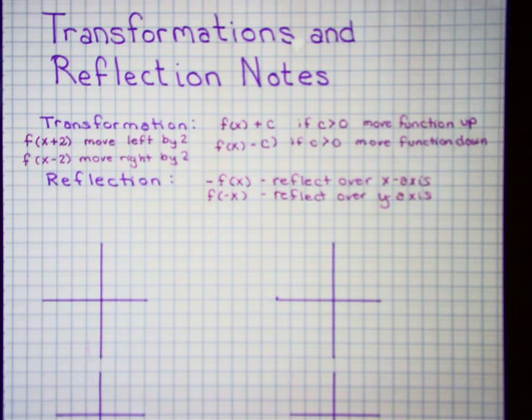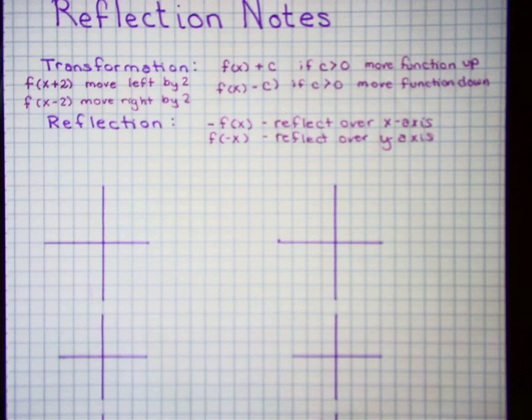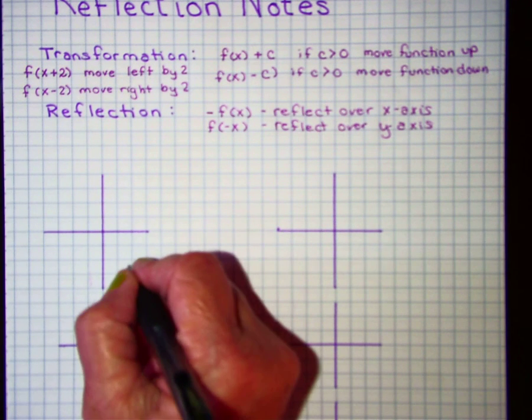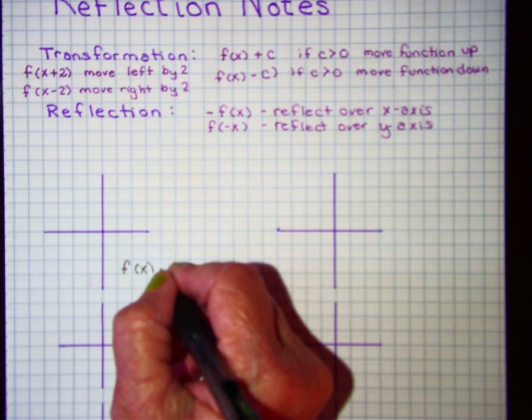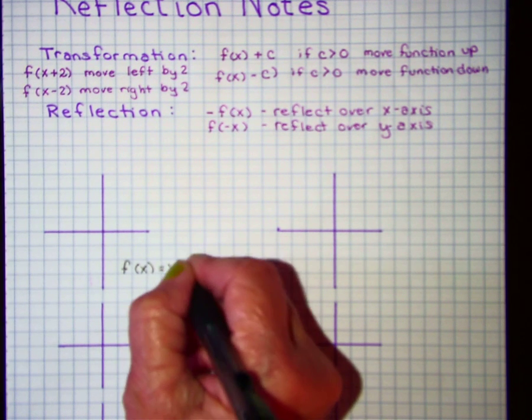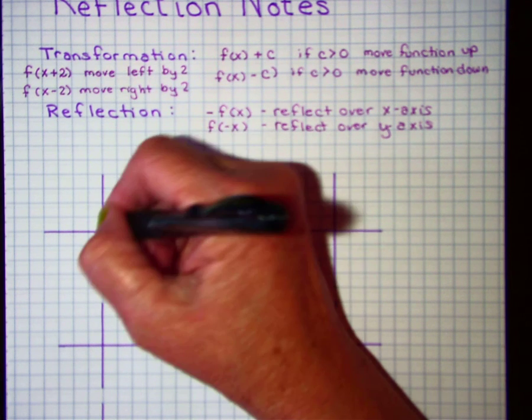Okay, so let me give you some examples. Most of my examples are either with a quadratic function or a square root function because it's very easy to see their movements. So the first thing I want to do is move something up. If I have f of x equals x squared, this is my parent function, and it will look like this.